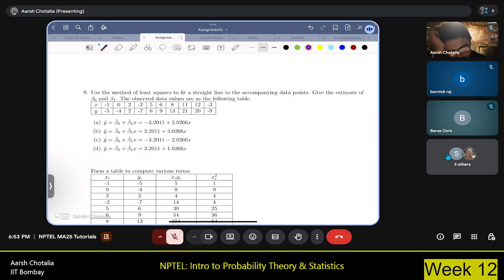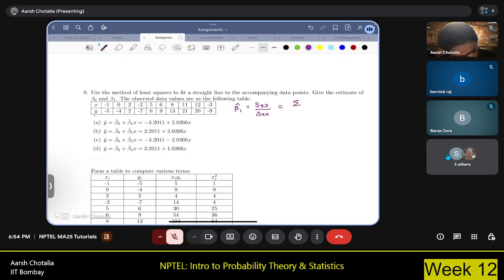Again, use the method of least squares to fit a straight line given this data. Correct. So it's the same thing that you do. You first calculate beta 1 cap, which is Sxy divided by Sxx. And you can use any of the methods.